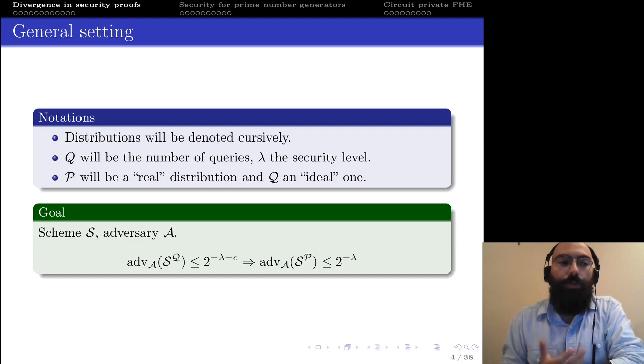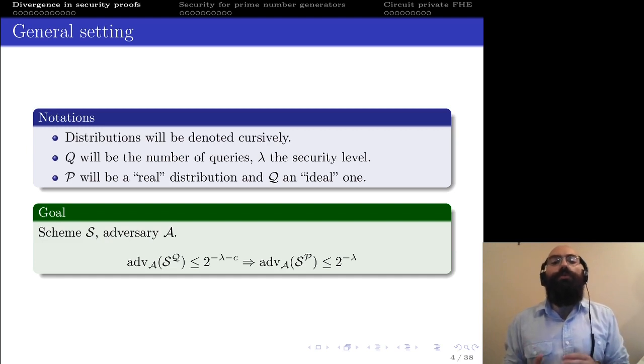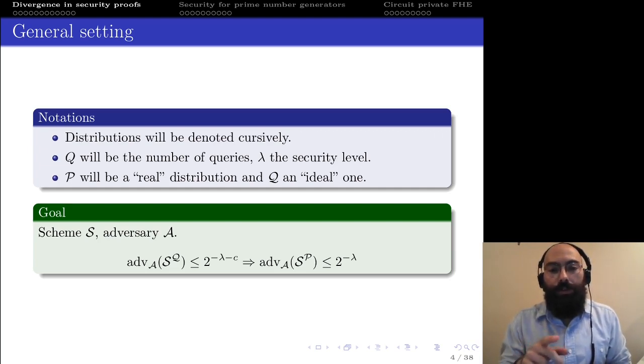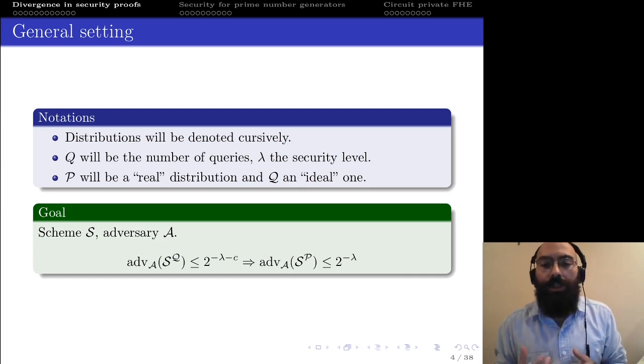You have a real distribution P and an ideal distribution Q. You know that under the ideal distribution Q, the adversary has a low probability of breaking the scheme, and you want to know that this remains true when you move from Q to P. This is called a reduction in a security proof. If the number of bits of security that you lose, seen here on the slide, is low, the reduction is tight.